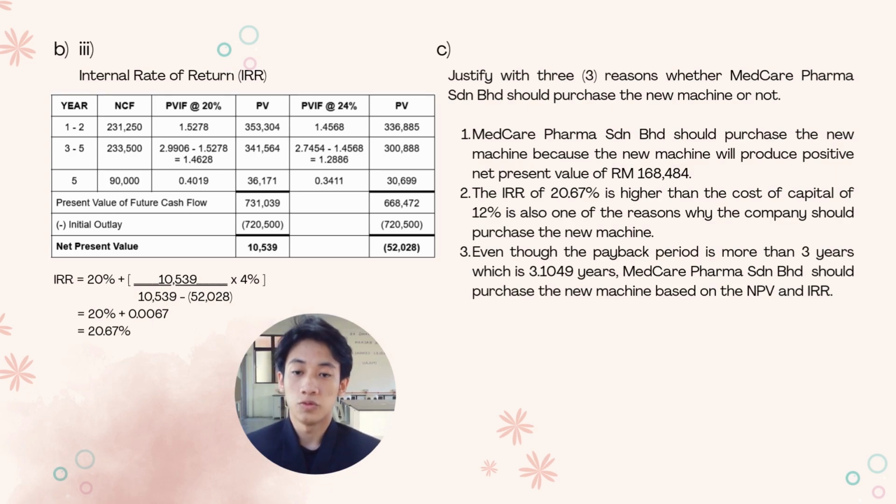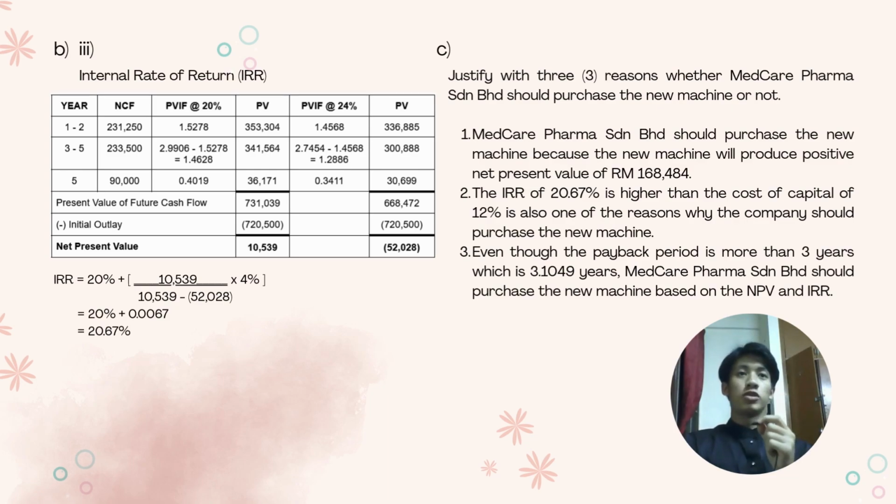To use the IRR formula, we take the positive percent plus the positive value divided by the positive value minus the negative value, times 4%. We got the 4% from 24 minus 20, and our answer is 20.67%.